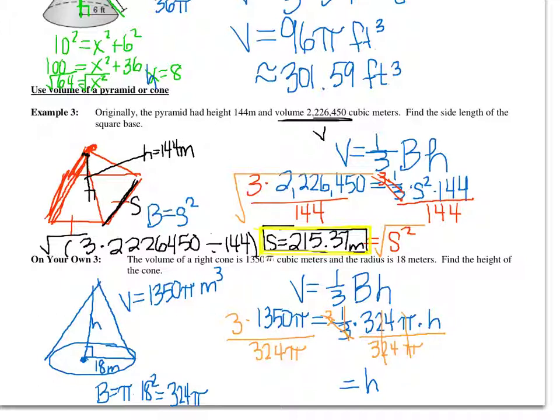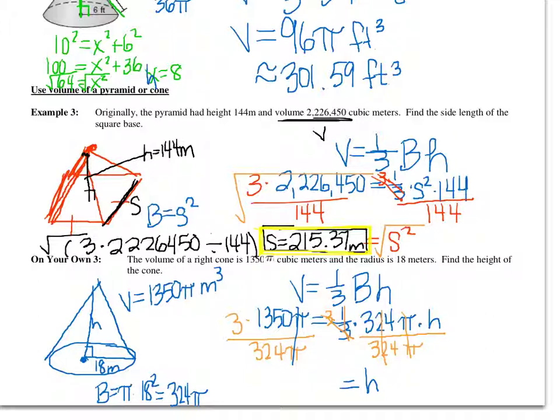Now notice on this side we have a pi on the top and bottom. These are multiplied, and this doesn't have anything else. Since they're multiplied together, we can just cancel out those pi's. If there's addition or subtraction in there somewhere, we couldn't do that. Since it's all just multiplied, we can.